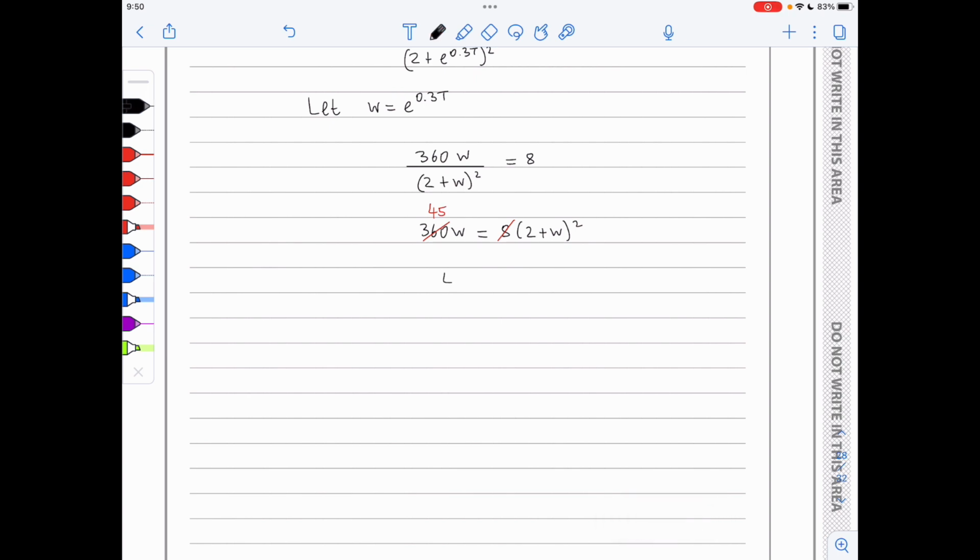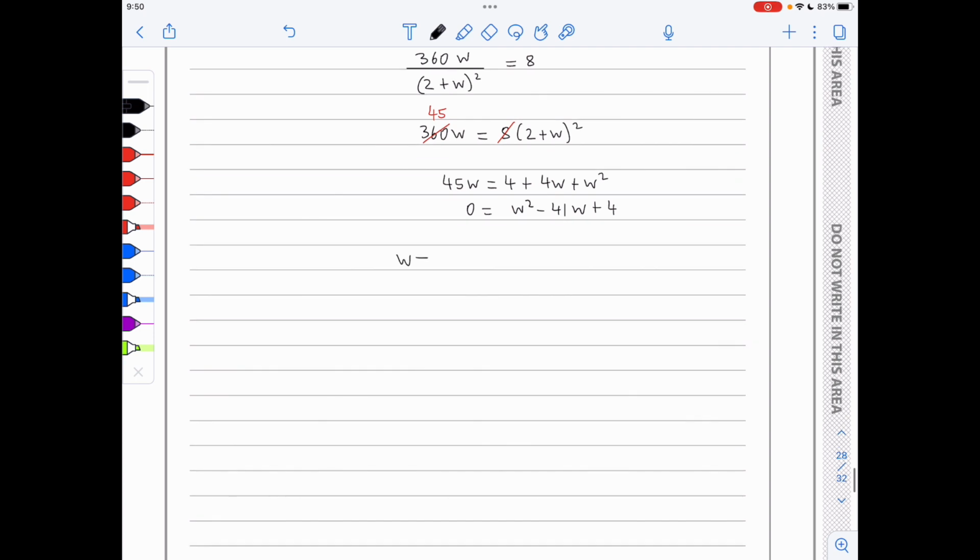So I get 45w is 4 plus 4w plus w squared. So 0 is w squared minus 41w plus 4. I will be using the quadratic formula to find the values for w. So we have that w is minus b plus or minus the square root of b squared minus 4ac, over 2a, so it's over 2 times 1.